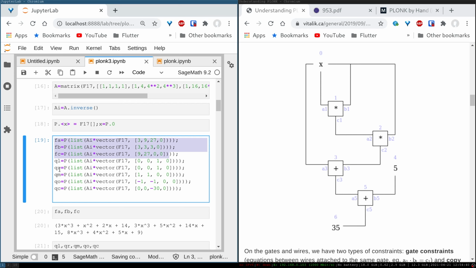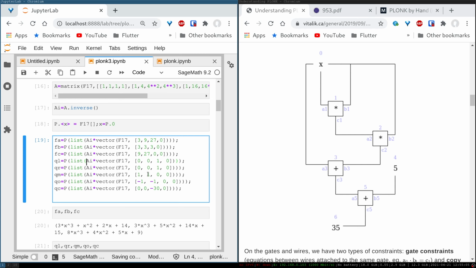And now QL, QR, QM, QO, and QC represent the actual operation done by the gate. The first one is a pure multiplication gate, so no direct involvement of A1, so that's 0. But we have multiplication, so this is 1 for the term A1 times B1.